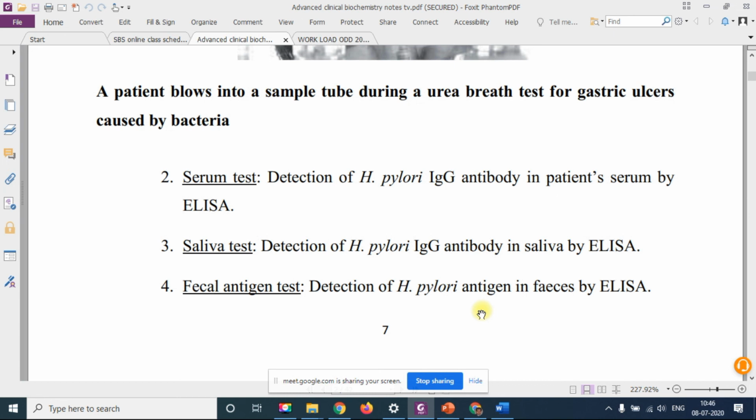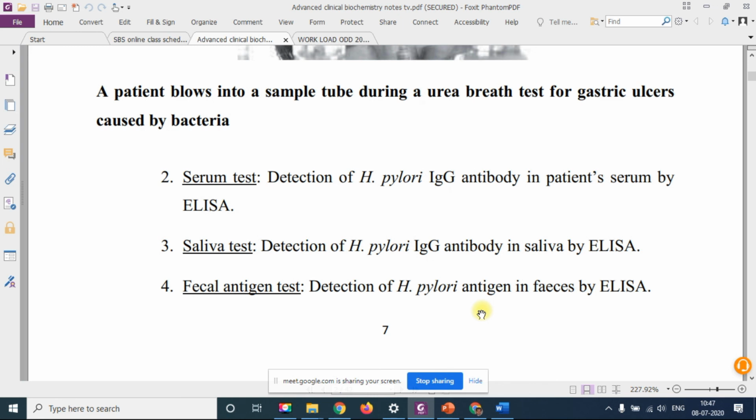Give them a small tube to collect the feces, and the feces can be processed in the lab. The filtrate of the feces can be further purified, and only the clear solution is added to the ELISA well. I am telling again, here the ELISA well is not coated with antigen. In the previous two tests, antigen is coated. In the fecal antigen test, antibody is coated.